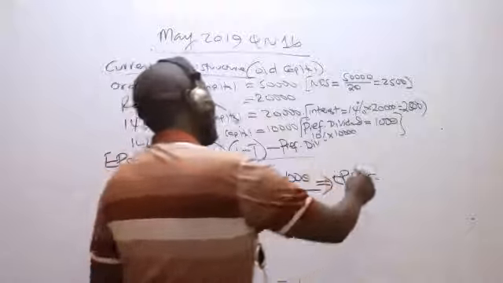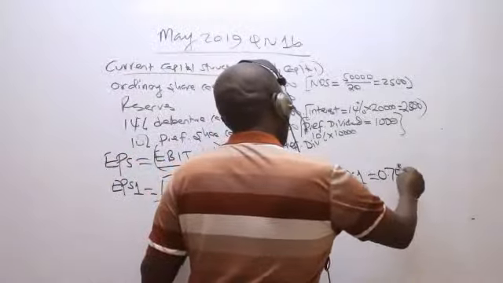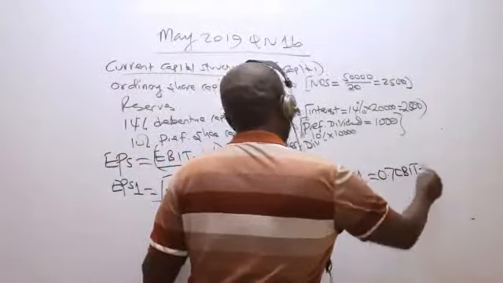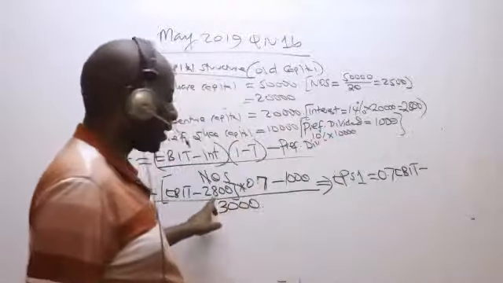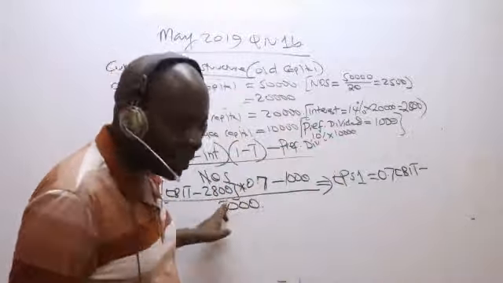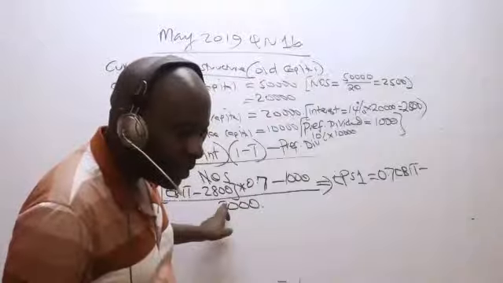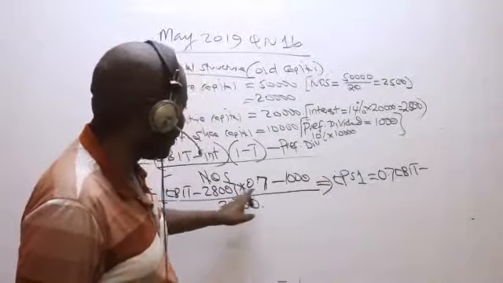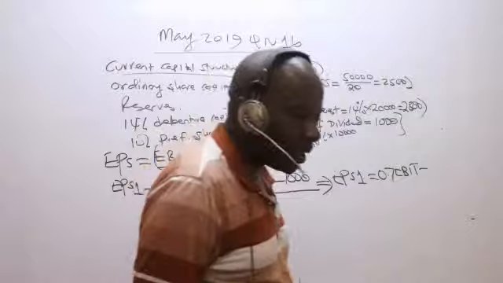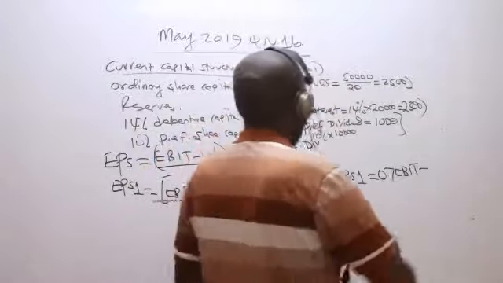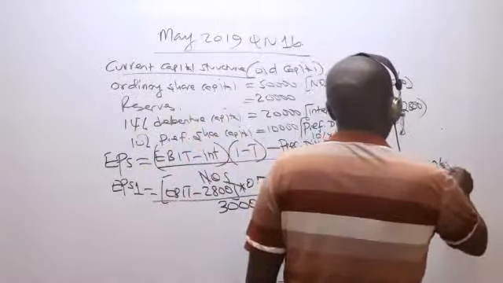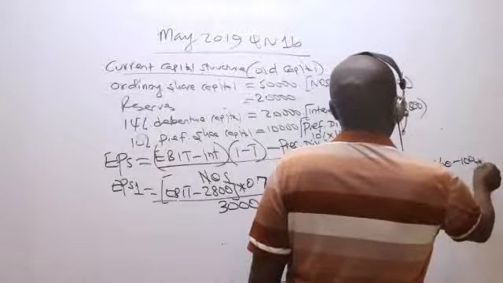So this gives me 0.7 EBIT minus, how about this times this? This times this gives me how much? 1960. The year I was born. 1960 minus 1,000 remains.